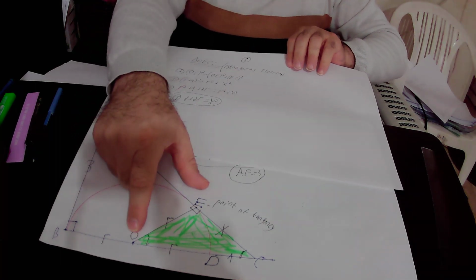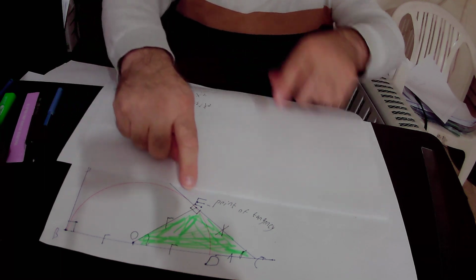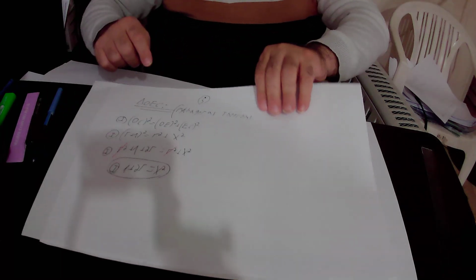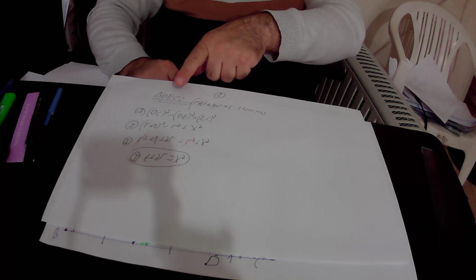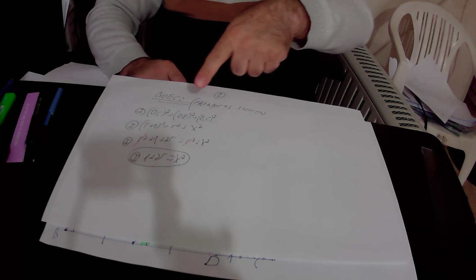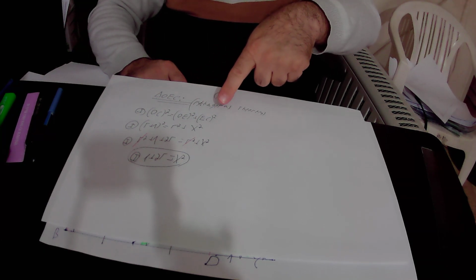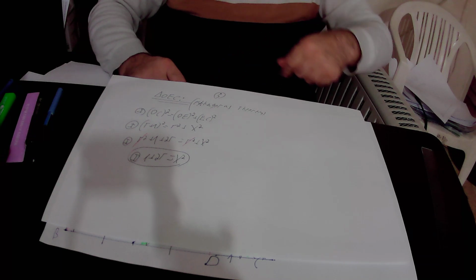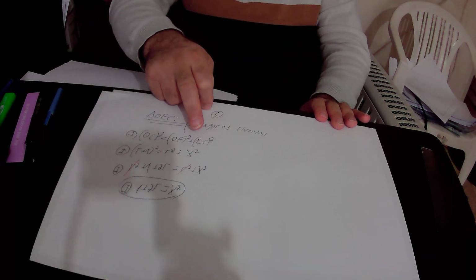OE is the radius of this red semicircle and EC equals X. So OC squared equals (R plus 1) squared, OE squared equals R squared, and EC squared equals X squared. In total we got that (R plus 1) squared equals R squared plus X squared.